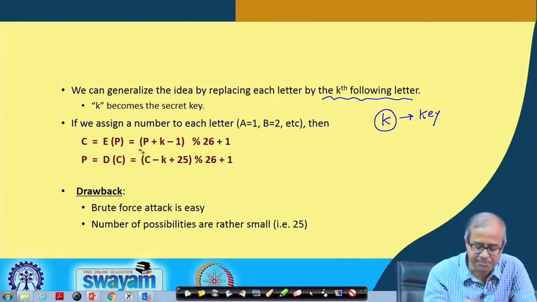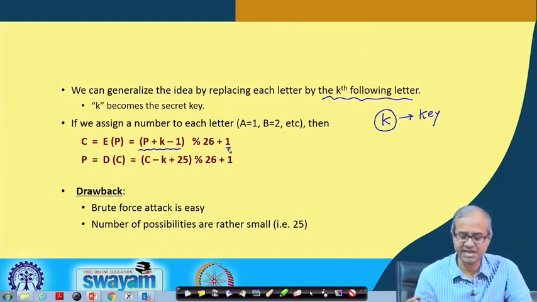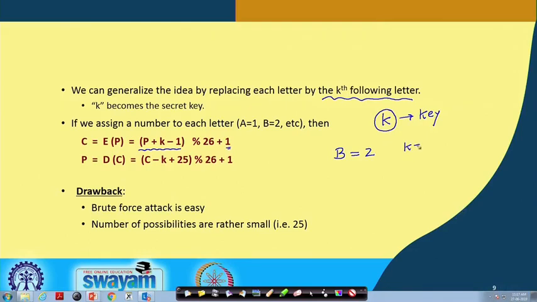So, if we number the alphabets A1, B2, C3 up to Z26, then for each letter the encryption and decryption process will work like this. Encryption will be (P plus K minus 1) modulo 26, plus 1. Modulo means divide by 26 and take the remainder. Let us take an example. Suppose I want to encrypt B, which in terms of the code is 2, and my key value is, let us say, 5.